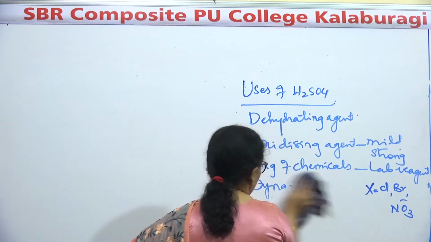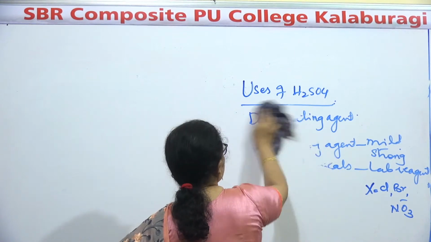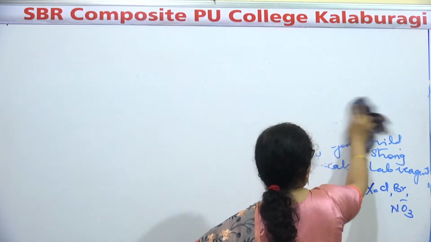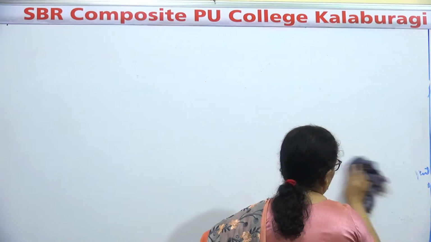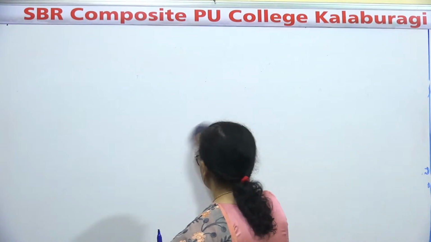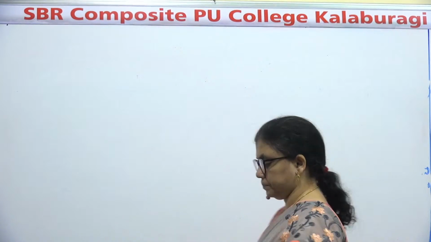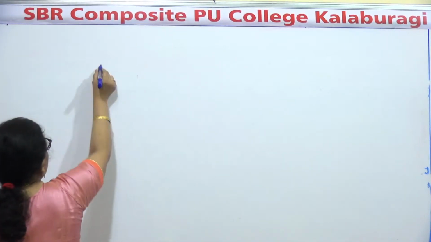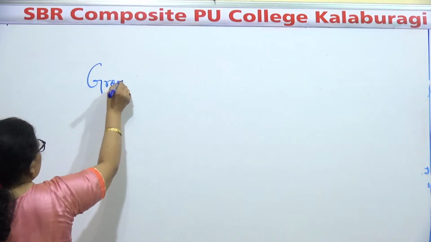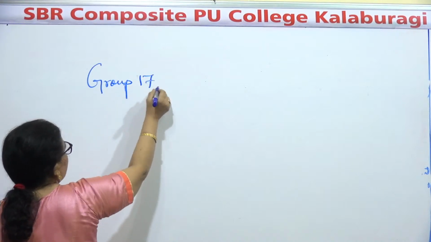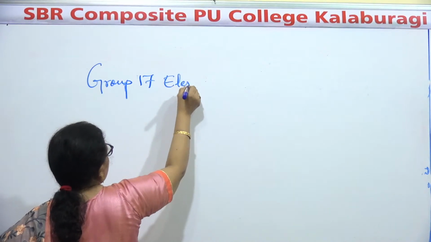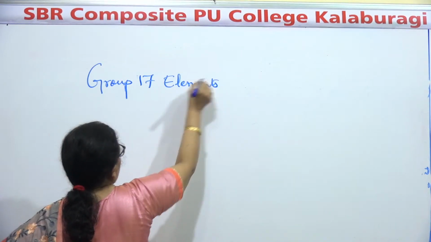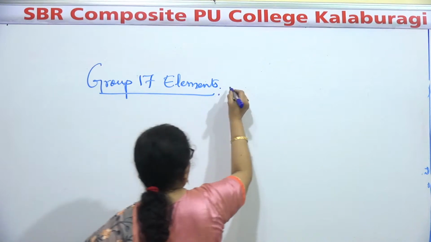What is the other name of group 17? Group 17 elements are called halogens.